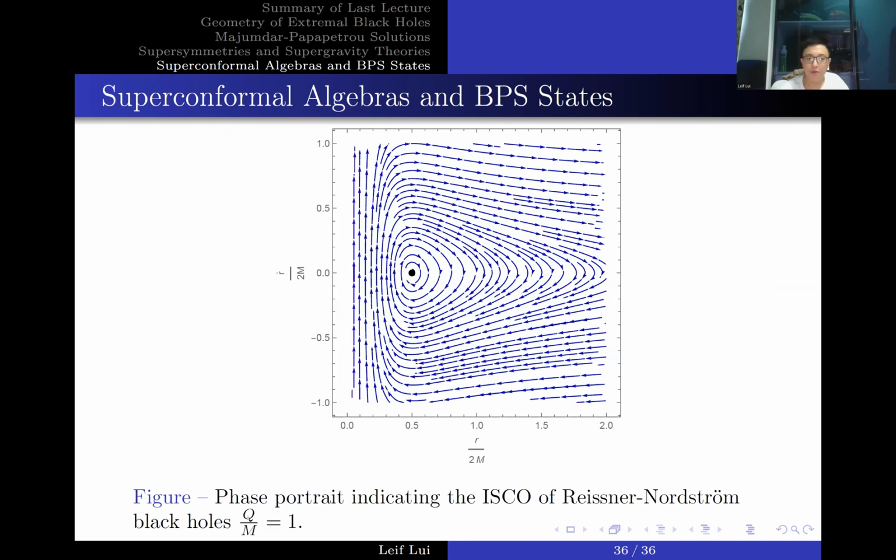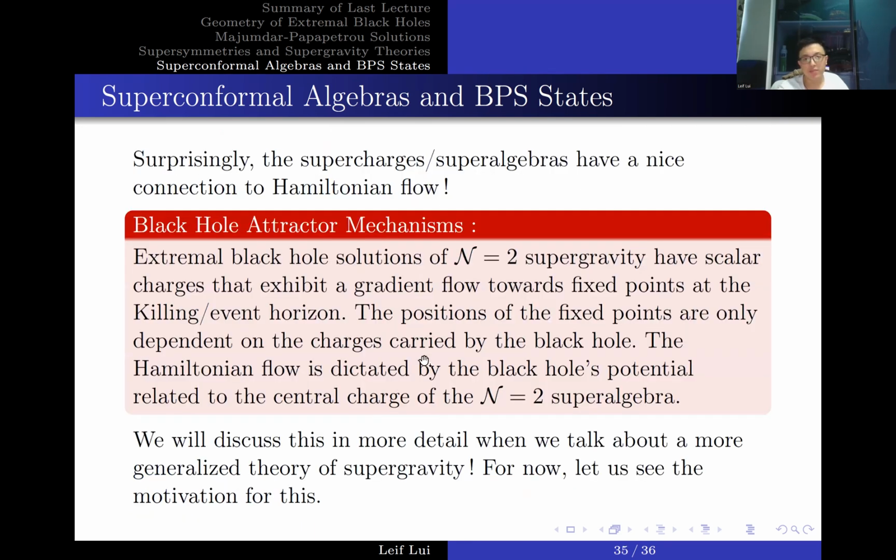So remember, before we talked about the ISCOs for Reissner-Nordstrom black holes, and we computed the position of the fixed points, and then we plotted them on a phase portrait, and we can see that this has a Hamiltonian flow towards the event horizon, and this is similar to that of the black hole attractor mechanism.